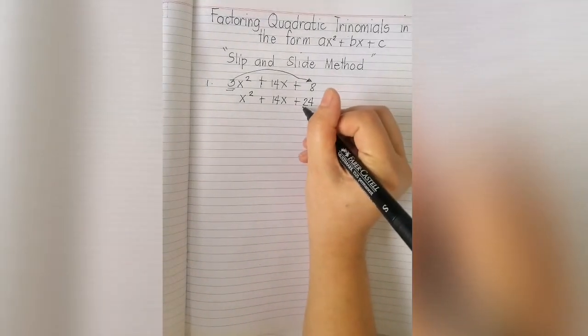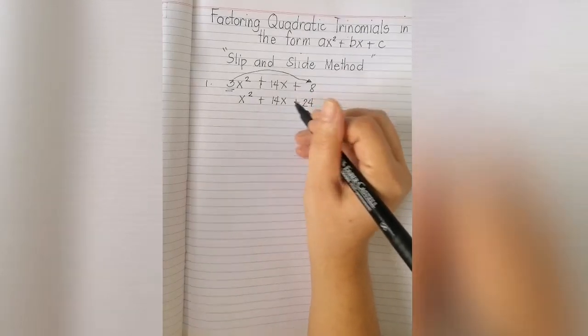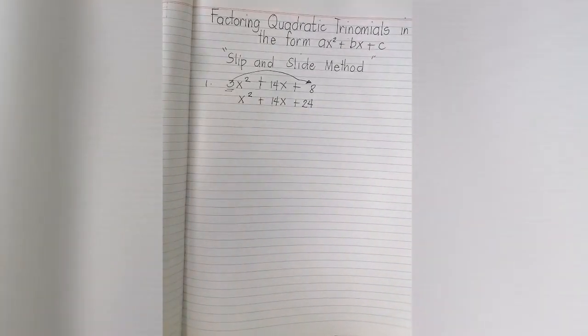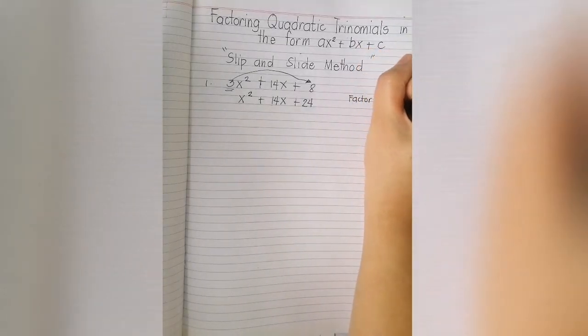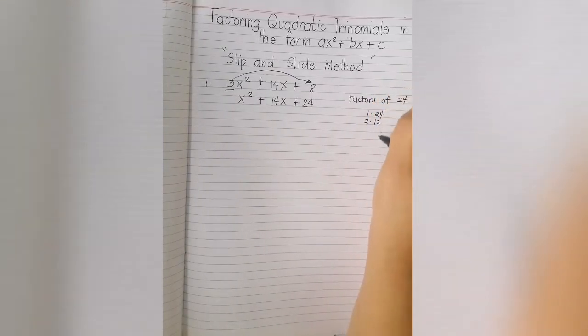Isip tayo ng factors ng 24 na pag in-add natin is makukuha natin yung sa gitnang term. So, gagawin natin, ililista natin, or kung kaya nyo gawin to mentally, pwede, what are the factors of 24? So, 1 times 24, 2 and 12.